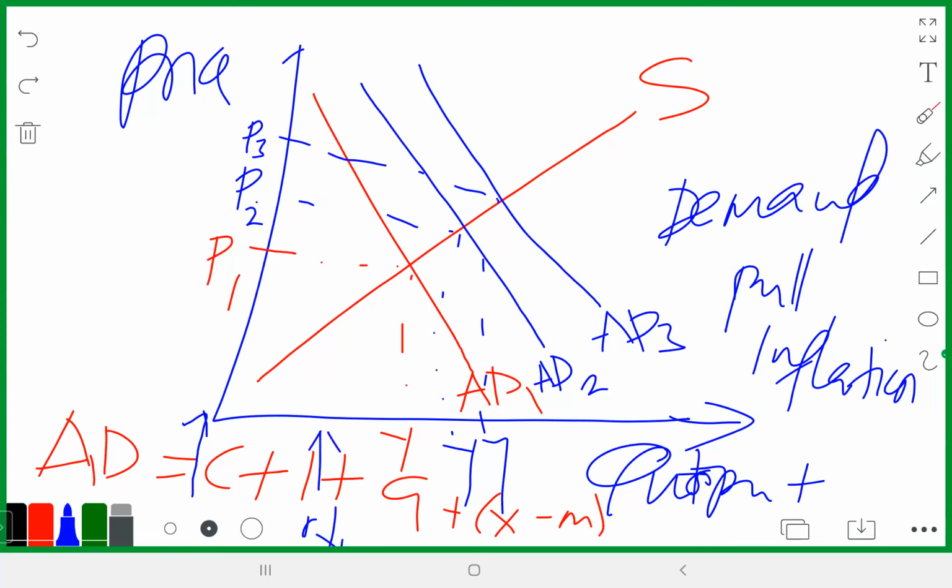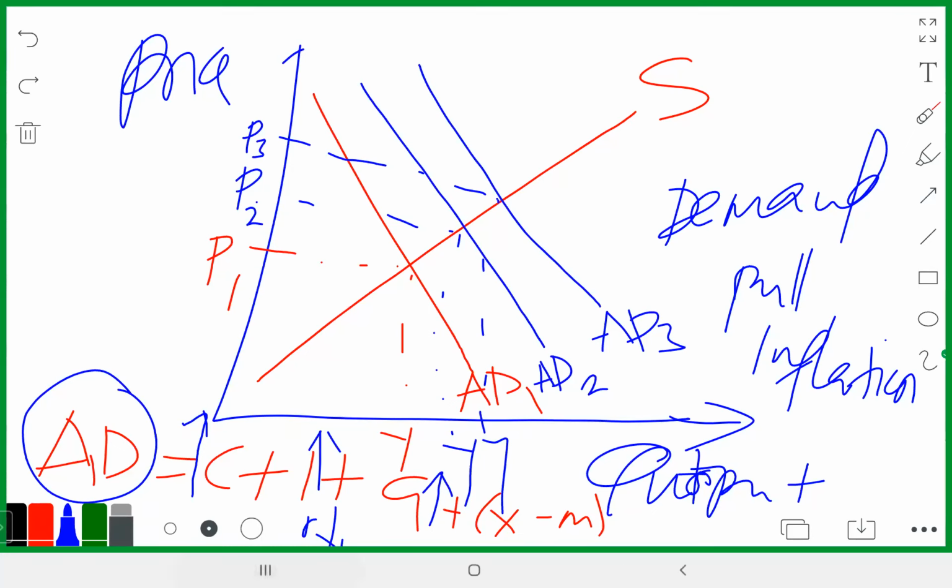If the investments increase, then aggregate demand will increase. Similarly, an expansionary fiscal policy, that is to say, when government increases expenditure, once G increases, you will see aggregate demand increasing, hence a shift in the aggregate demand curve, and that results into inflation. Is that clear? Yes, sir.